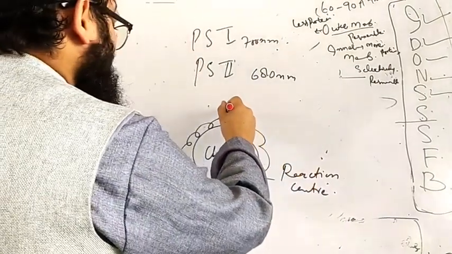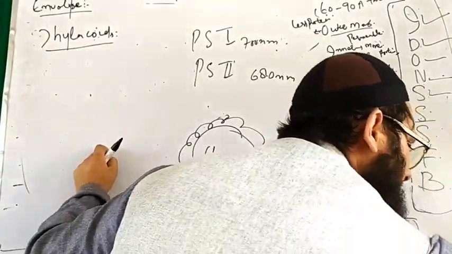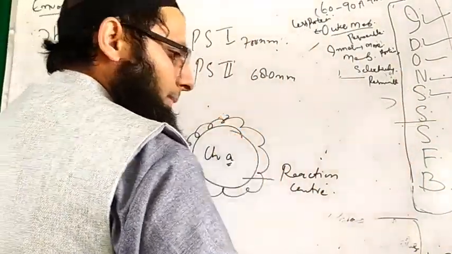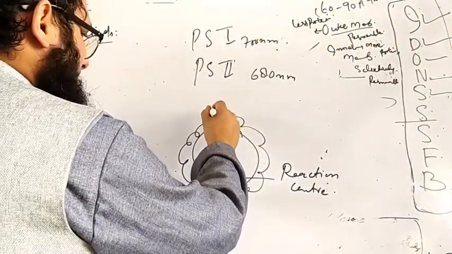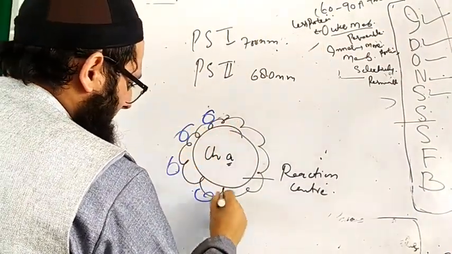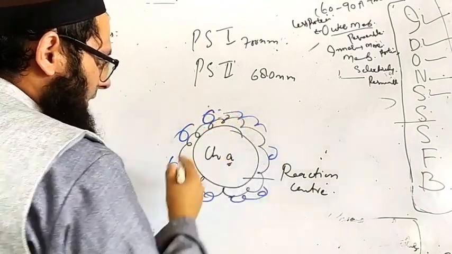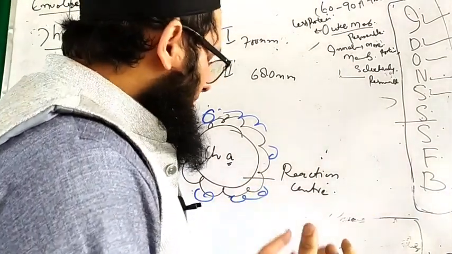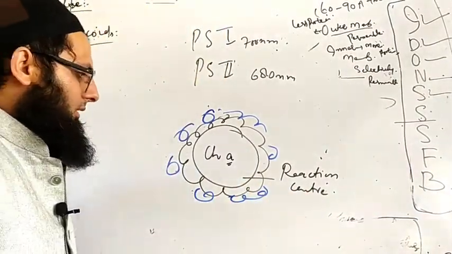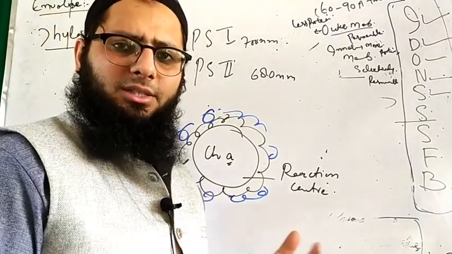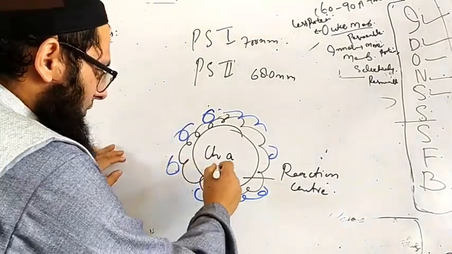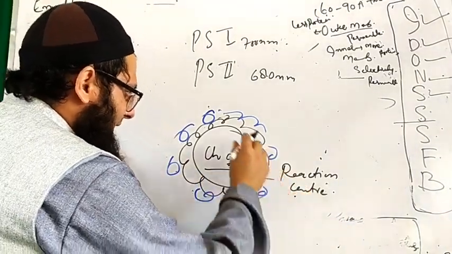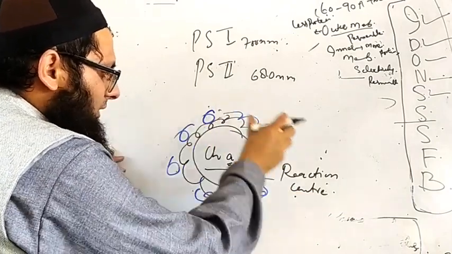There are some other pigments also there. Those we call accessory pigments: carotenoid, chlorophyll B, others, C, D, right? But the main one, chlorophyll A, is present at the reaction center, surrounded by other pigments.